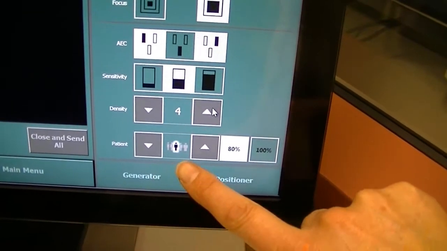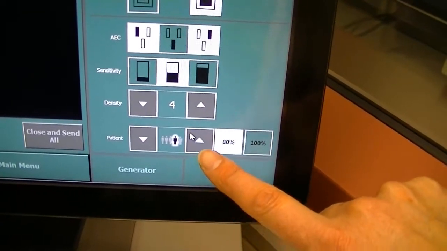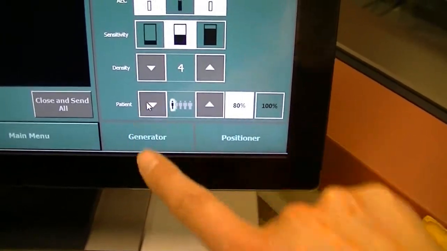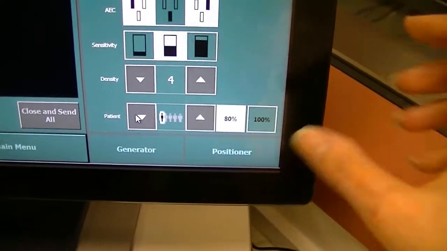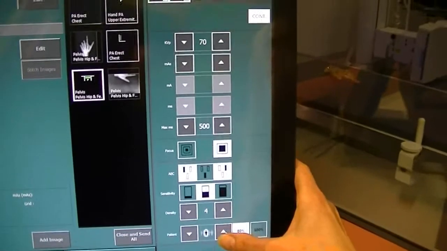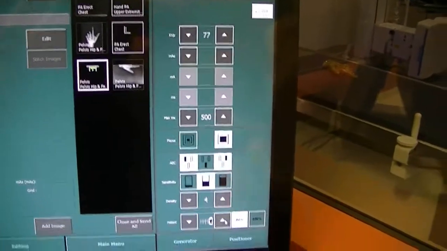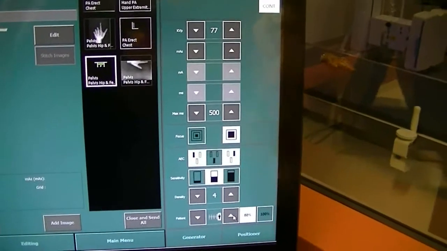The one down the bottom, to be honest, I don't know how much value it is, because they can change it to bigger patient or smaller patient, but it just changes the kV. If you can zoom back a bit, you can watch the kV change. It changes the kV just so that your mAs or your time is kept a bit shorter.